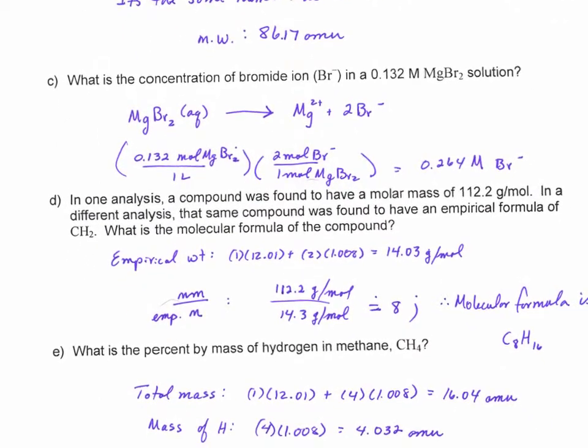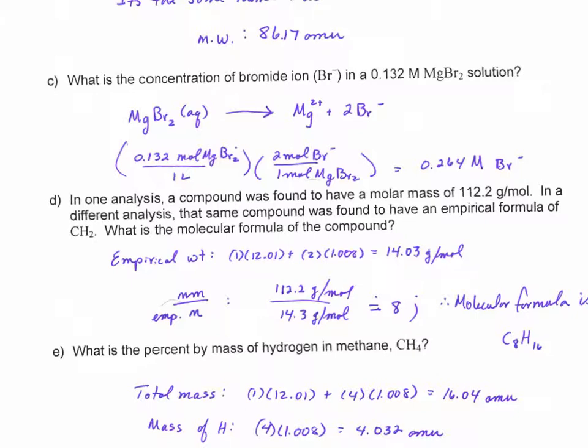The next one, they went ahead and told you the molar mass is 112.2 grams per mole, and they gave you the repeating unit or the empirical formula as 1 carbon and 2 hydrogens, and wanted you to scale up what must then be the molecular formula of that compound. This was the tail end of a problem that we worked, going from weight percent all the way through empirical formula to molecular formula.